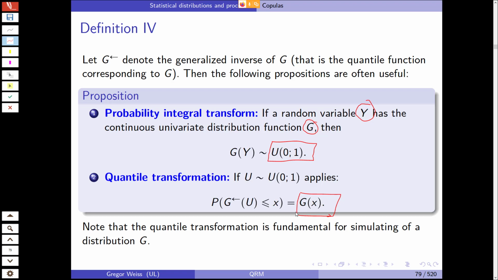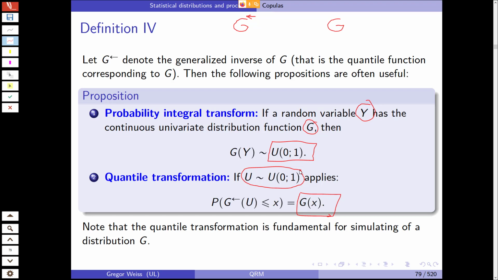G. Why is that? Let's assume you define a random variable or distribution G. Now you know what G looks like as a formula, but you want to generate random numbers, random simulated observations from G. Now, on paper, you can come up with the generalized inverse of G. And what you need to do now is draw random numbers from the unit interval, which is what every random number simulator does.